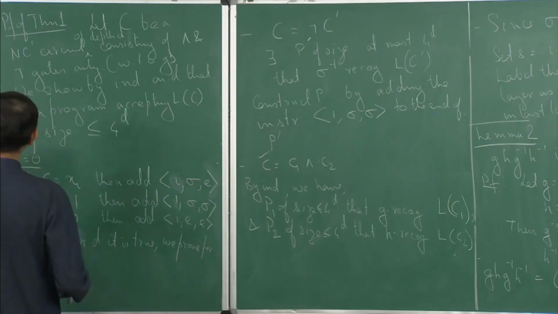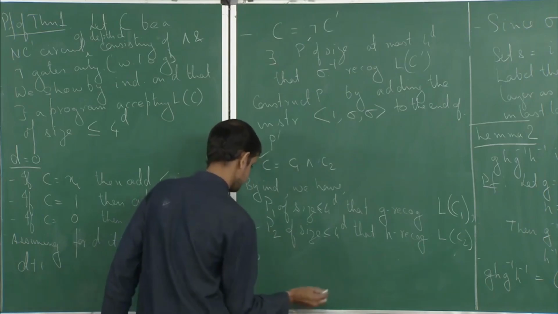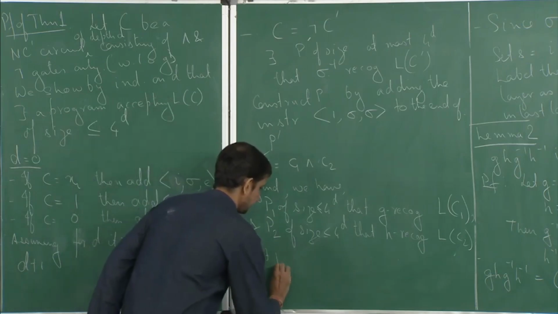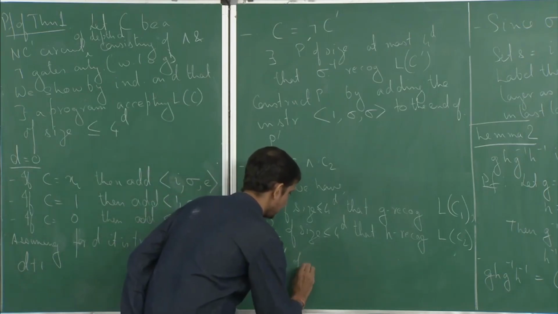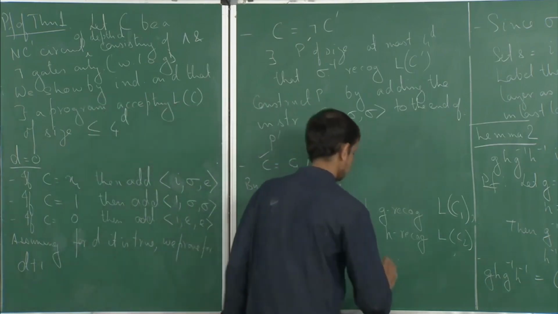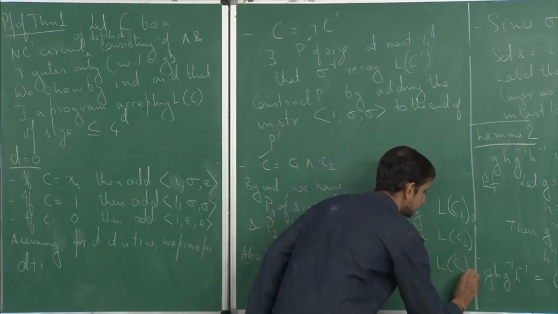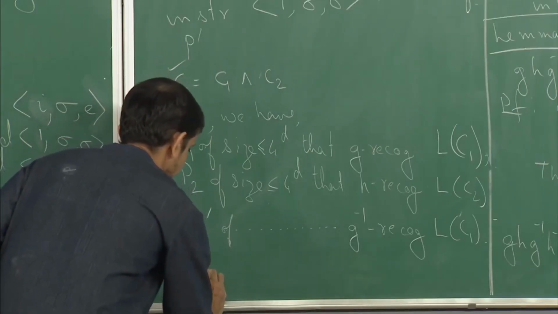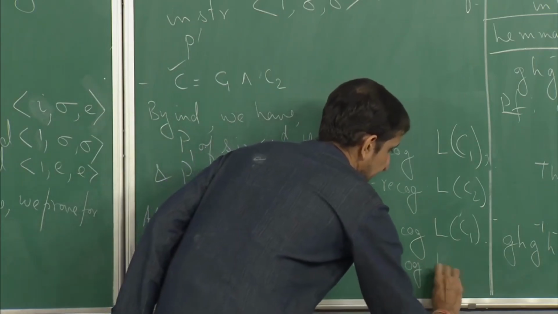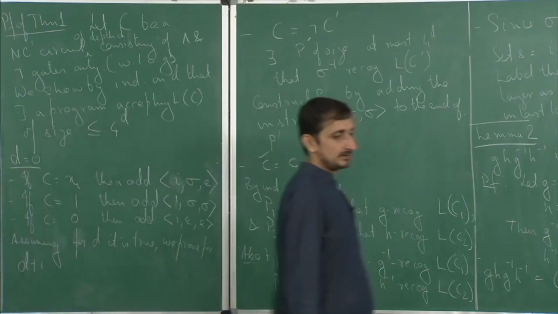Now we apply lemma 3 once again and we get P1 prime of size at most 4 to the power d that, with respect to G inverse, recognizes L of C1, and P2 prime that, with respect to H inverse, recognizes L of C2.